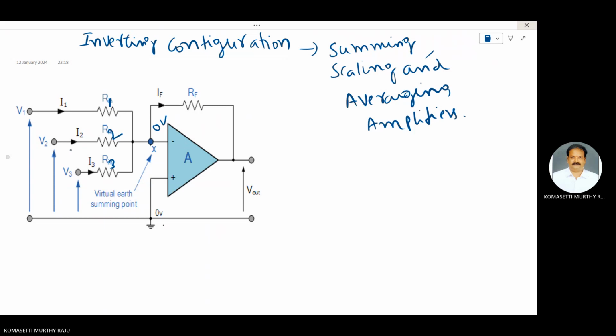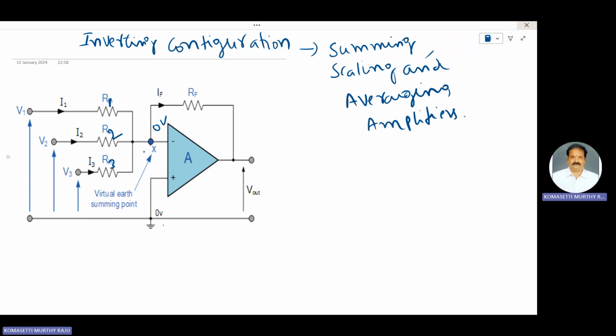V1, V2, V3 are the voltages applied to the inverting terminal of the op amp through three resistances R1, R2, R3. According to KCL at the point X, the sum of the currents entering the node X equals the sum of the currents leaving it. This one is IB minus.